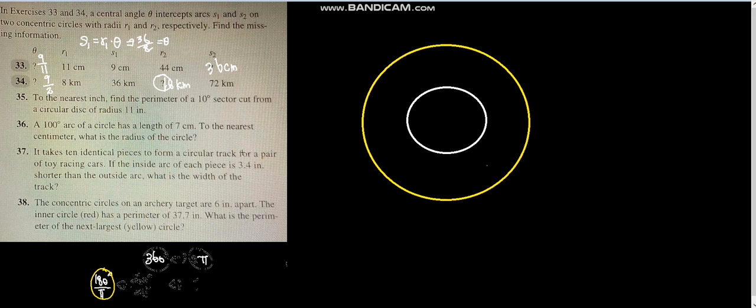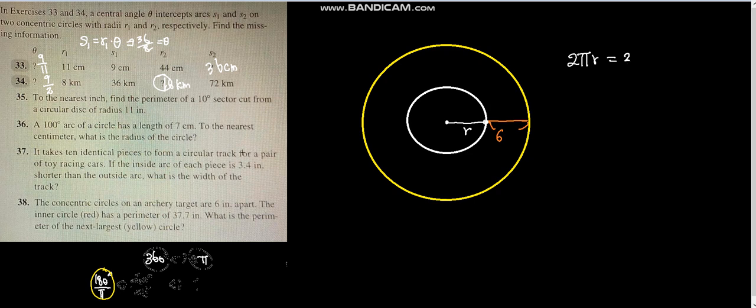But anyways, it says it's 6 inches apart, so the length here is 6, right? And then the inner circle has a perimeter of 37.7. So let's say the radius of the inner circle is r, then the circumference is 2 pi r.